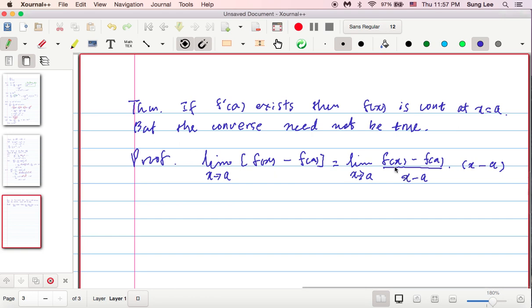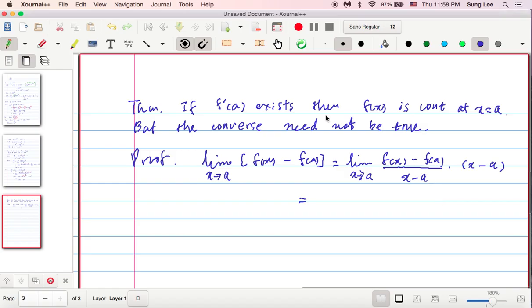So if you divide, to retain the equality, this is give and take. You divide by x minus a, you have to multiply by x minus a. Now, the limit of the first part here is nothing other than f prime of a. And the limit of x minus a also exists, as 0, right?